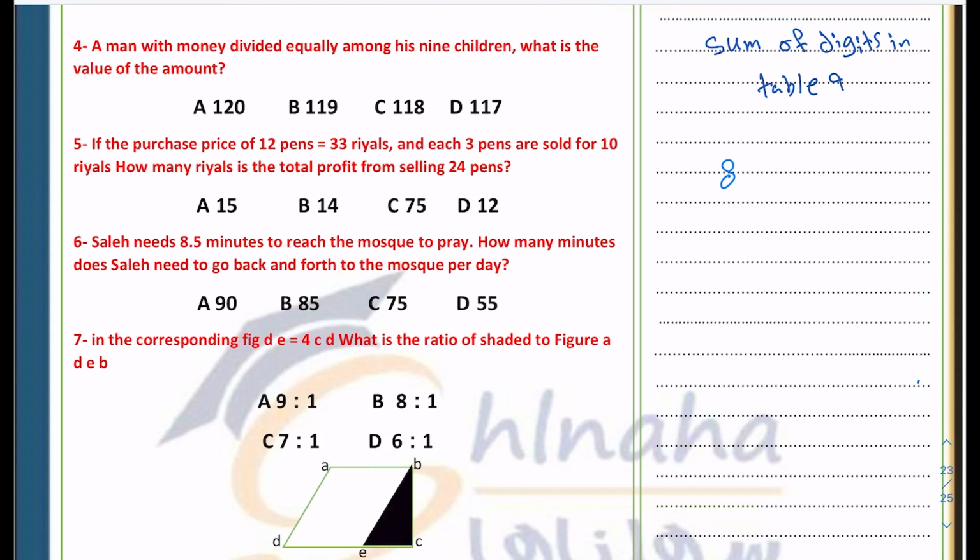He needs 8.5 to go to the masjid, and to come back from the masjid he will also use 8.5 minutes, which is 17 minutes. How many salah do we have per day? 5 times. So I will multiply by 5. 5 times 7, 35. 5 and carry 3. 1 times 5, 5 and 3, 8. 85 minutes. Let's take the next question.